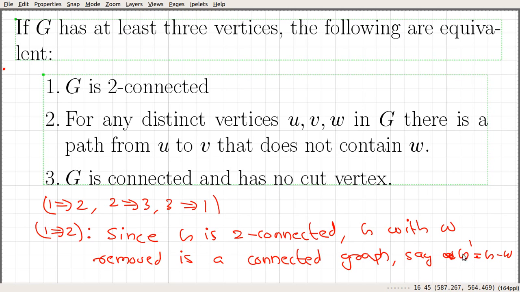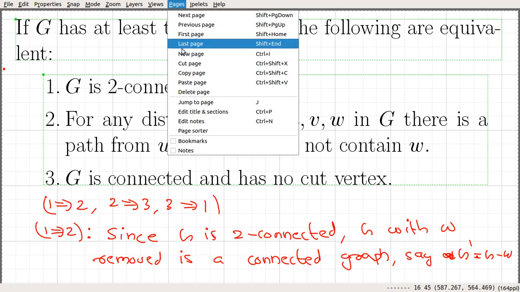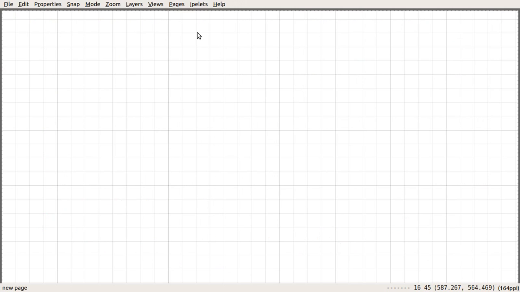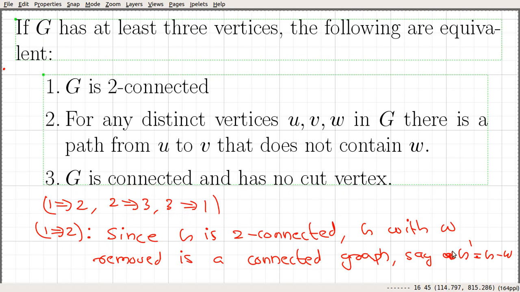And we can see that G dash is also connected because our original graph G is a 2-connected graph. Thus G dash is a connected graph. So if you consider any 2 vertices U and V, there will be a path from U to V in G dash.